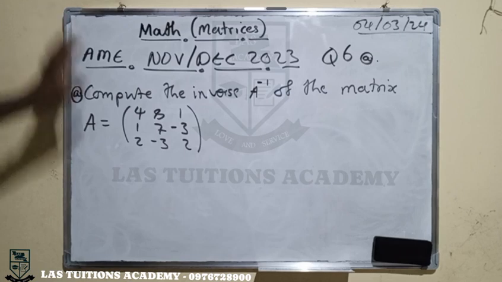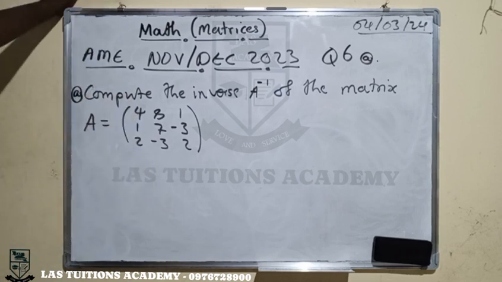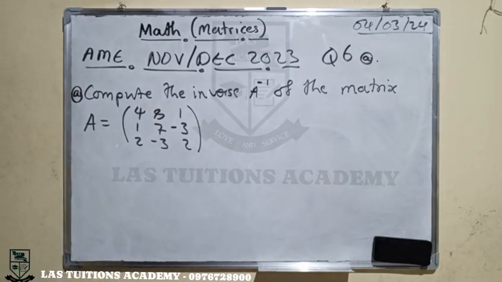So here we are asked to find the inverse. There are two things you need to understand about matrices. The first thing is how to solve systems of equations using Cramer's rule. The second one is how to solve a system of equations using the inverse method.